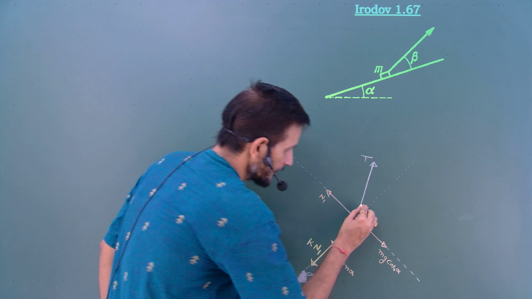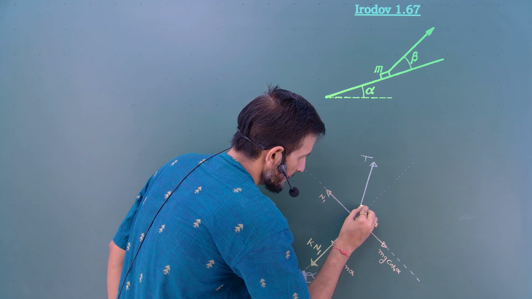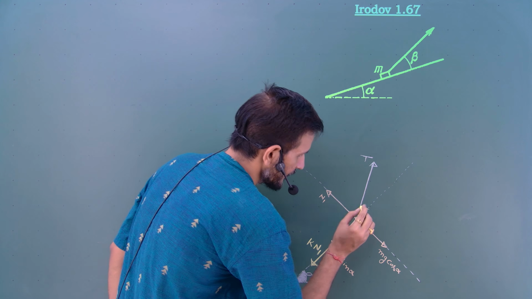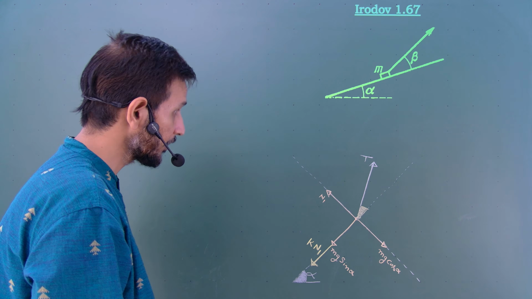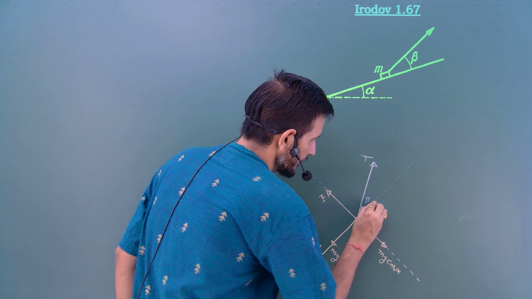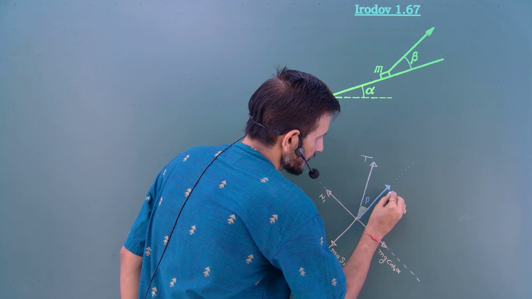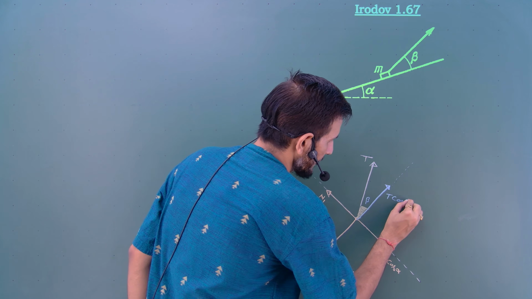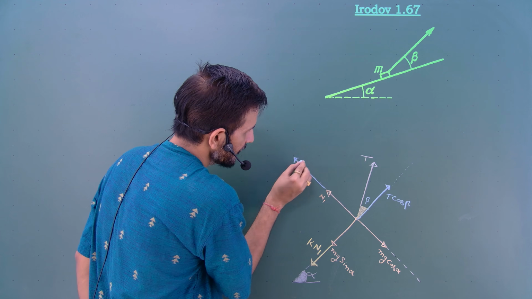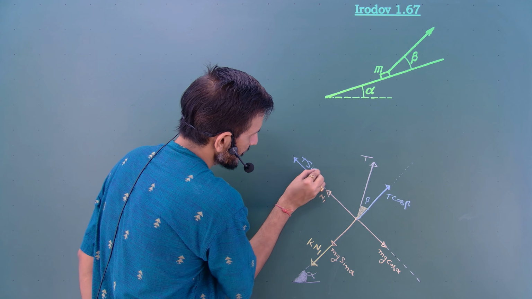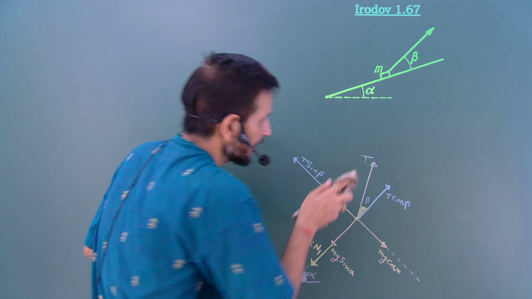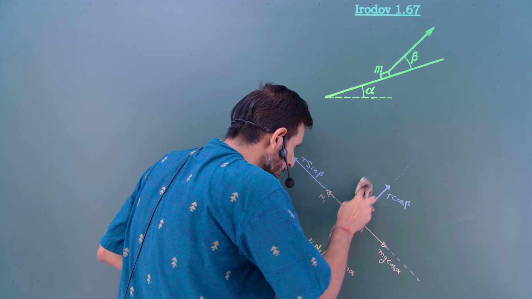Now this angle is beta. So let me break the component of this tension T. The component of tension T in this direction is T cos beta, and component of tension T in this direction is T sin beta. So after breaking the component, there is no use of this arrow.